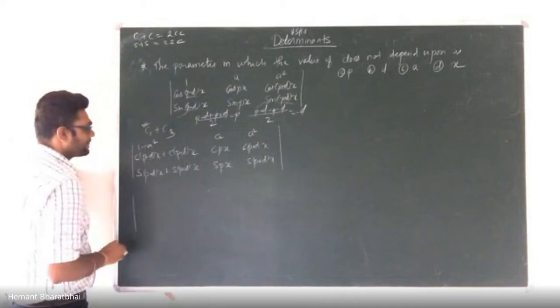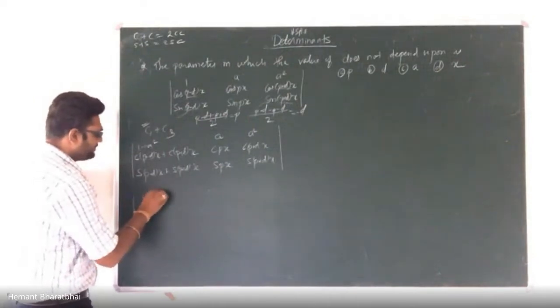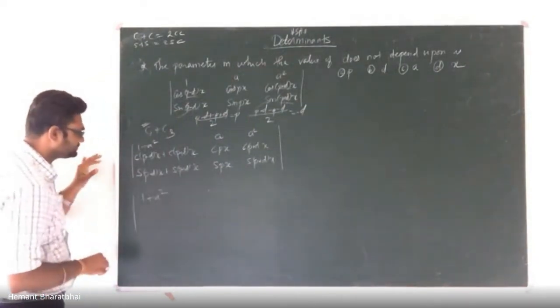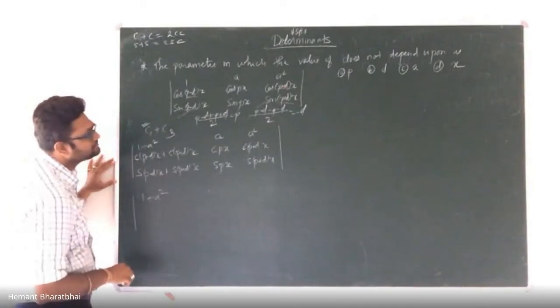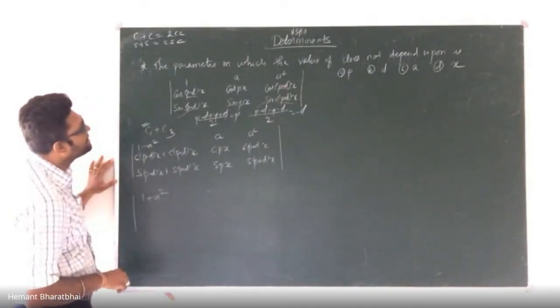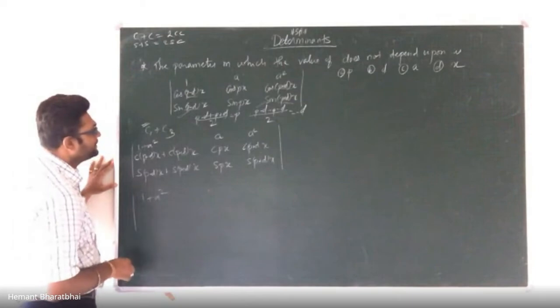So this will become 1 plus a square, this will give me 2 times cos of px into cos of minus dx.